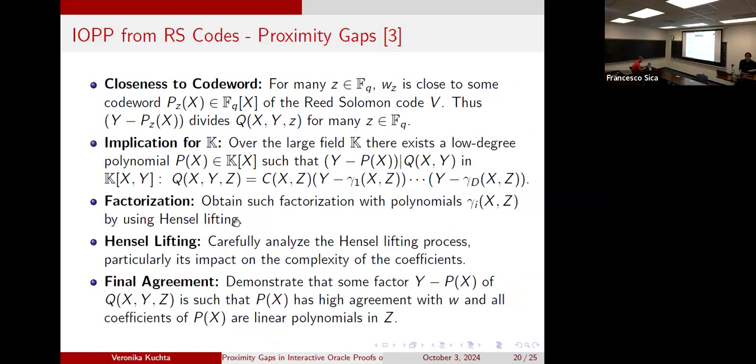And in the end of this proof, we manage to demonstrate that there exists some factor Y minus P(X) of that polynomial Q, which we have interpolated in the interpolation step, such that P(X) has a high agreement with the received word W, and all coefficients are linear in Z. So if we succeed to run through all those steps and to find the existence of such a factor, then we can conclude the correctness of the proximity gap theorem.